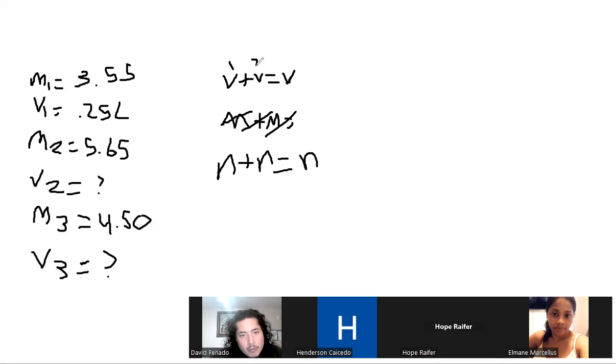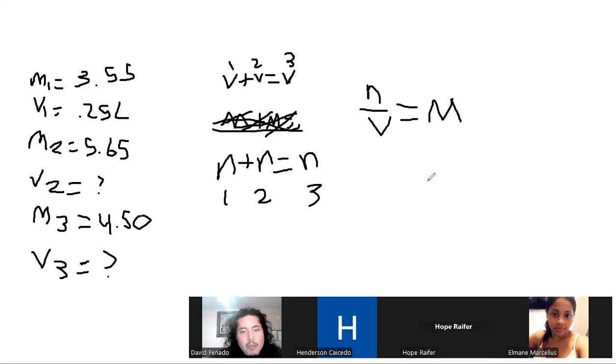So volume 1 plus volume 2 equals volume 3. Mole 1 plus mole 2 equals mole 3. Molarities cannot, because how do we get molarities? Multiply or divide. That's the only way we can get molarities. That's why it cannot be added. You divide the moles of your solution by the volume of your solution to get the molarity of the solution.